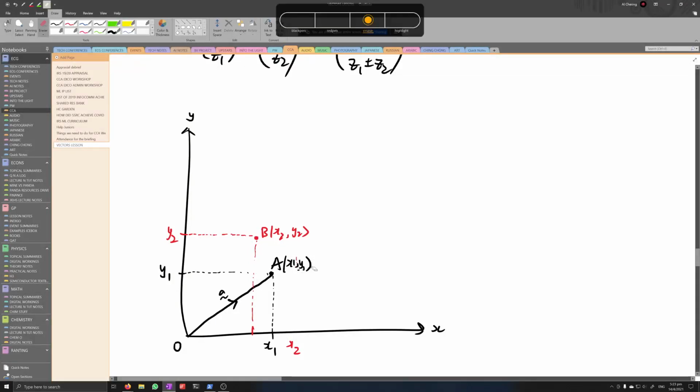This is quite messy, so I'll just erase this. x1, y1, and here x2, y2.